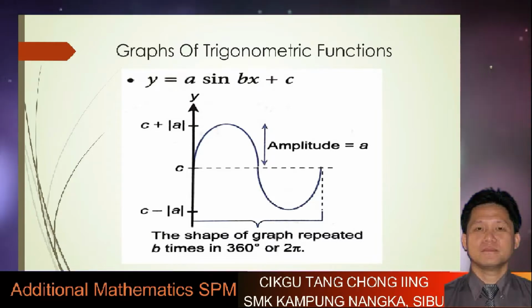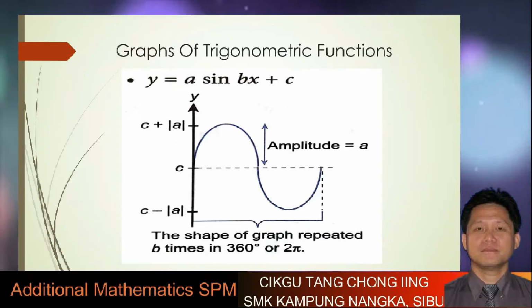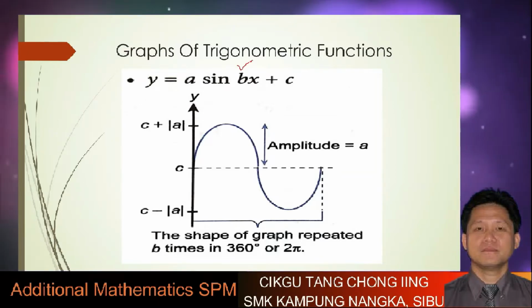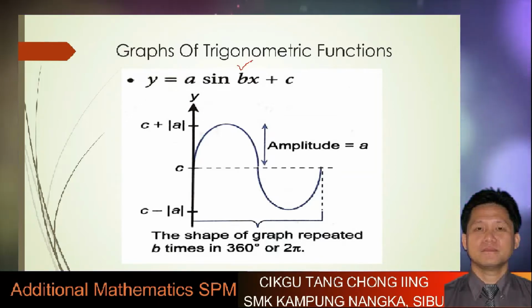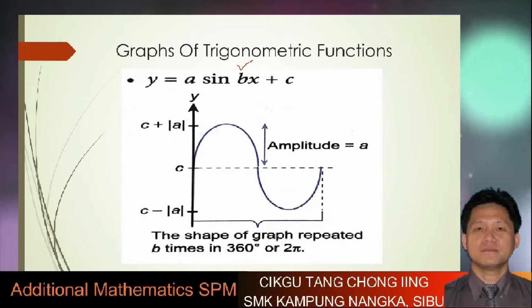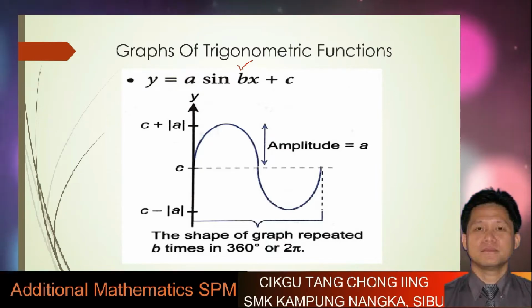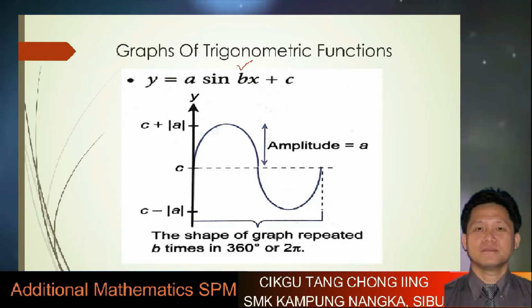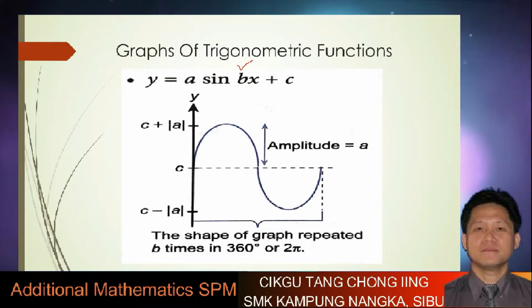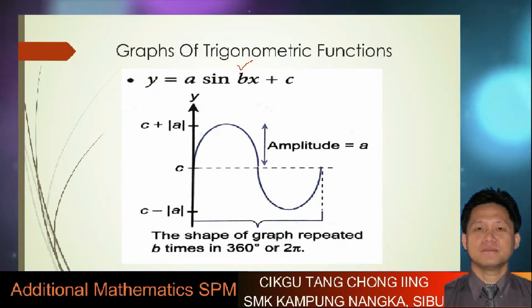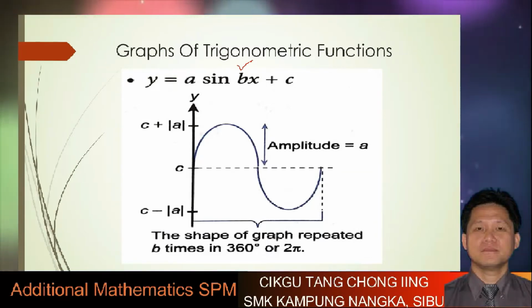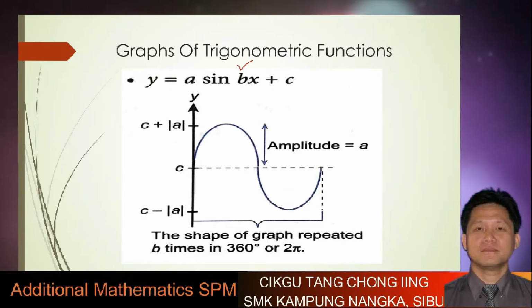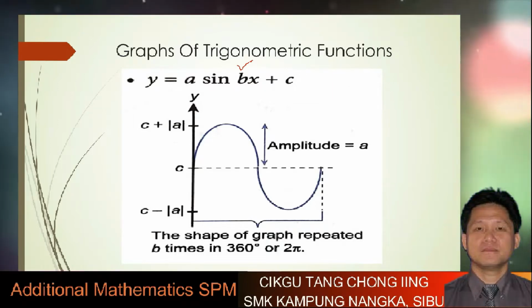Let's look at the effect of changes in the value of b, right? b here. Now, the changes in the value of b will cause the period of the graph to change. When the value of b increases, the period of the graph decreases, the opposite, and the width of the graph in each period decreases.